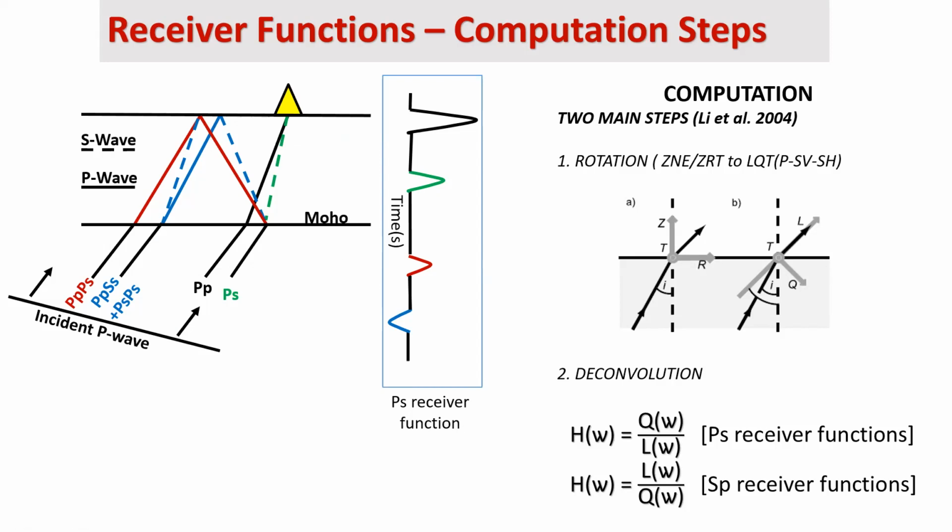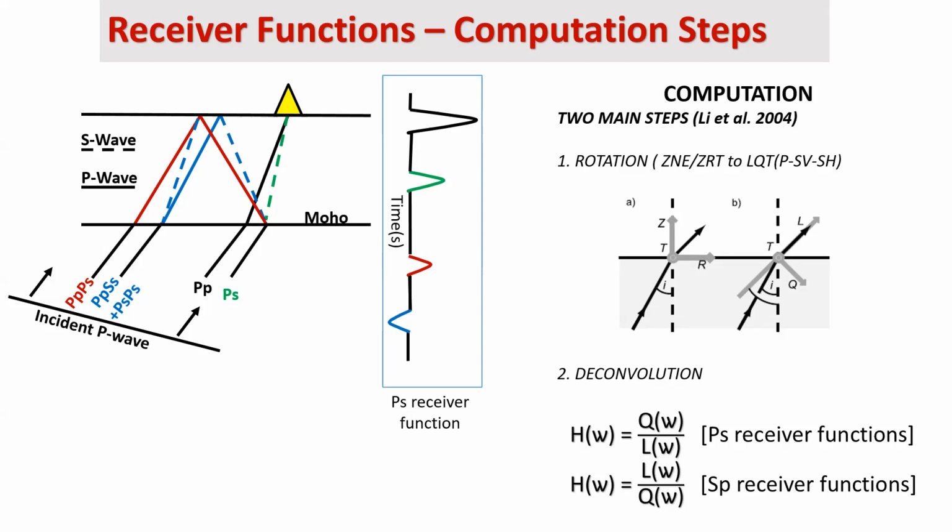Yes, sir. One more question. Is this method just used to identify the Moho, or can we use it for some other purpose as well? Yes, you can find the shear wave velocity model, the Vp/Vs model, and also the P wave velocity model. There are several modeling schemes, like the inversion methodology the previous presenter was describing, to see the vertical and lateral variations of the velocities using the receiver function.